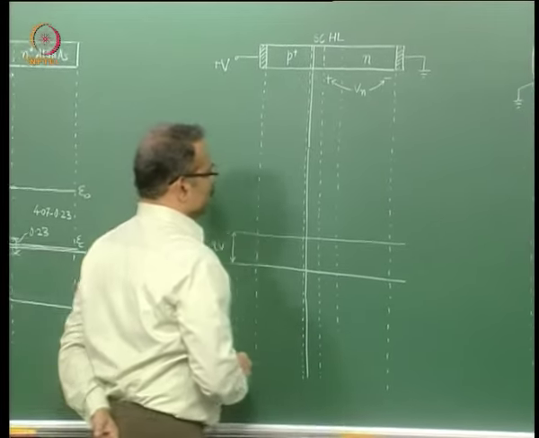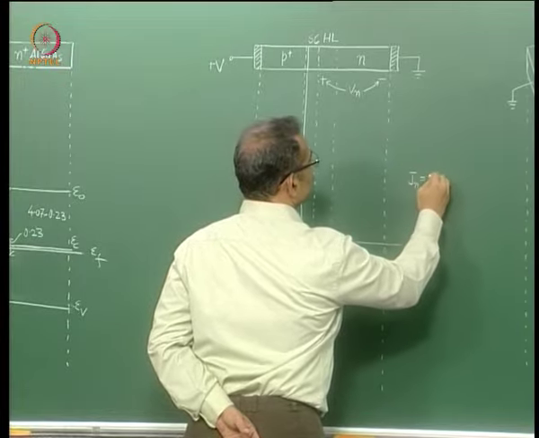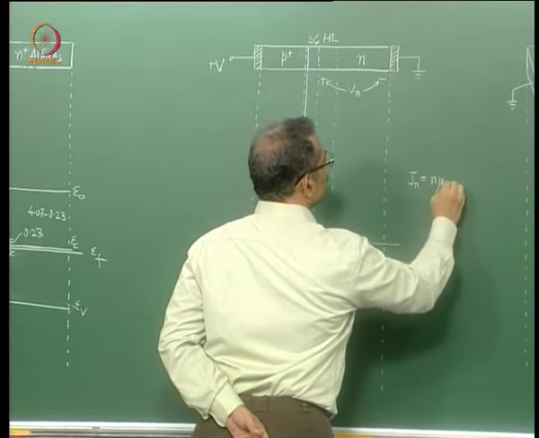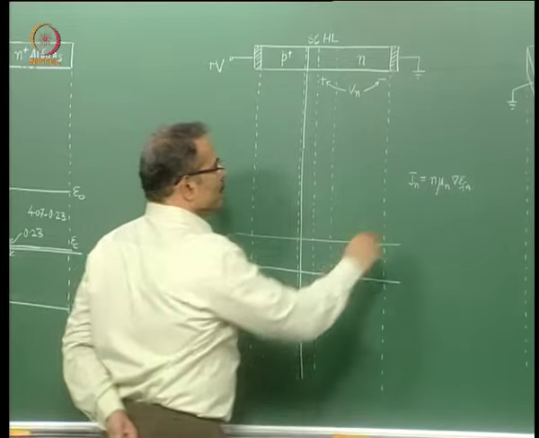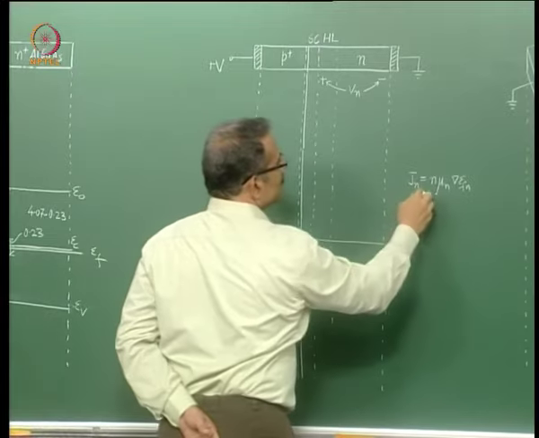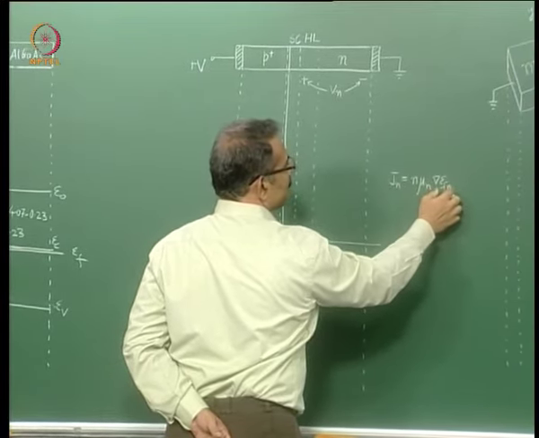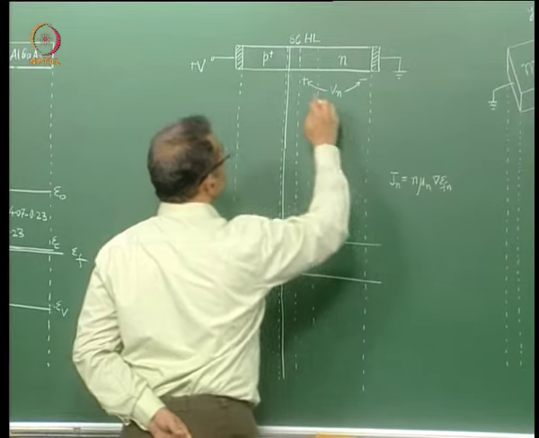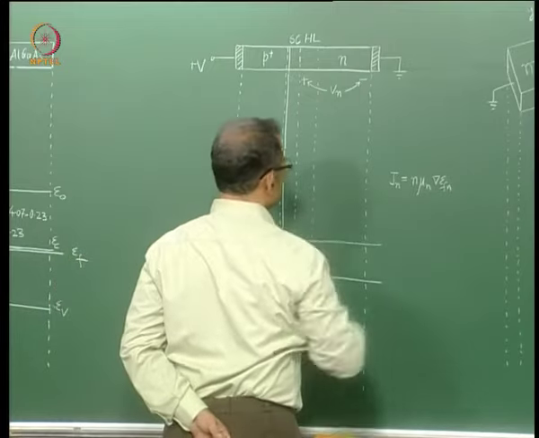Now let us take EFN. The relevant equation is Jn equal to n mu n gradient of EFN. At high forward bias, Jn is high, therefore the gradient of EFN becomes significant, and the current is from left to right, which means the gradient of EFN is positive.